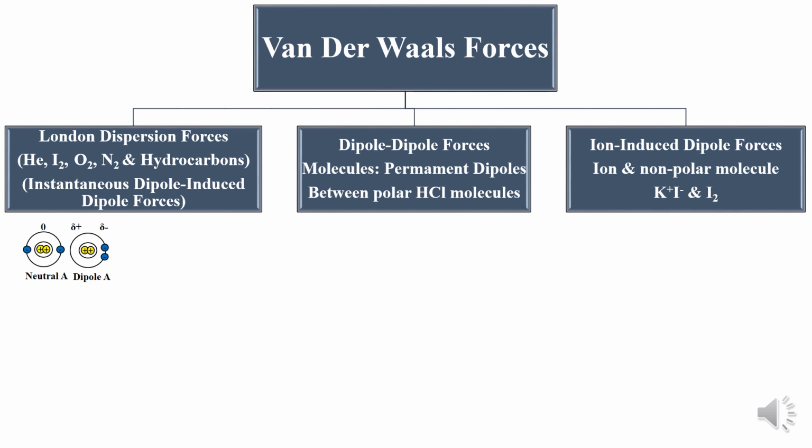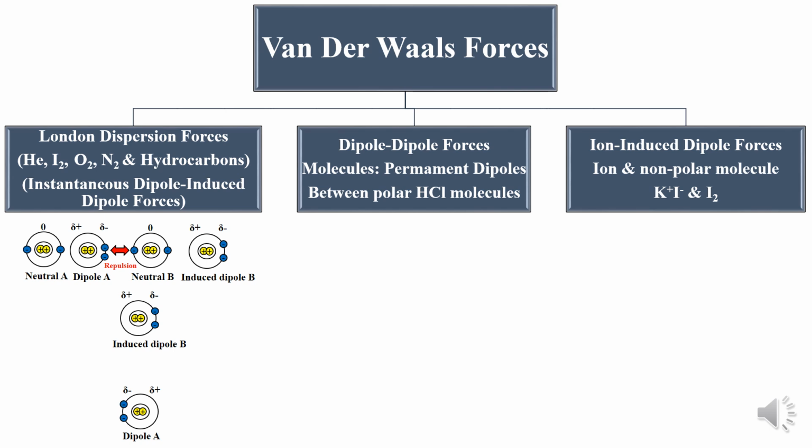Now the helium atom with the dipole, when it approaches a neutral atom, due to the repulsion between the negatively charged electrons in the outermost valence shell, it induces a dipole in the neighboring helium atom B. Now you have got helium atom B with a dipole and helium atom A with dipole.